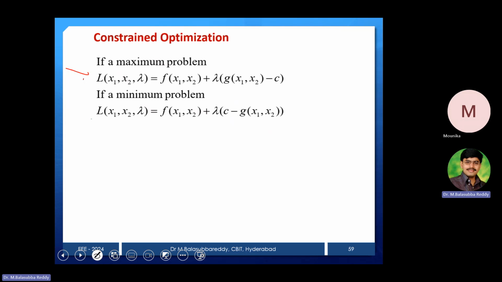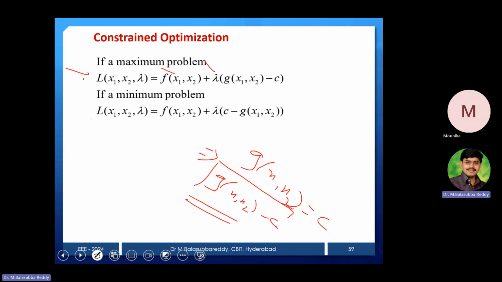We can see the function f of x1 comma x2 plus the Lagrangian multiplier, subject to the constraint g of x1 comma x2 minus c, because our equality constraint is mentioned: some equation in x1 x2 must be equal to c. Then from this I can write g of x1 comma x2 minus c. This is your constraint. So now you make use of the lambda Lagrangian multiplier, and you get our function.